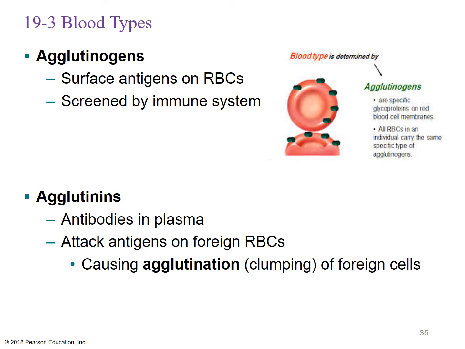This is what is going to determine your blood type. Do you have A? Do you have B? Do you have both, or do you have none? The agglutinogens are going to tell us what your blood type is. This is what the immune system is going to be aware of so that it knows what is you and then what is something else.